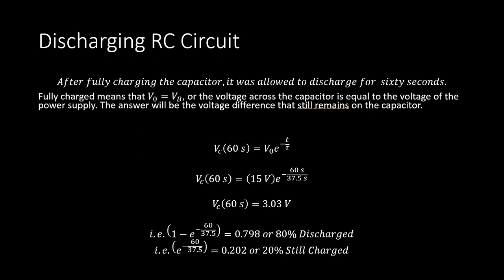In other words, if we take our percentage factor, that just says that after 60 seconds, we have discharged the capacitor 80% of the way, and that about 20% still remains on the capacitor. So, groovy.